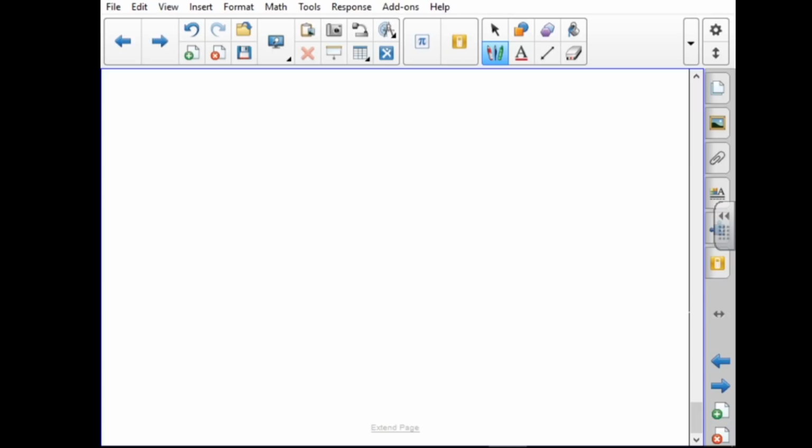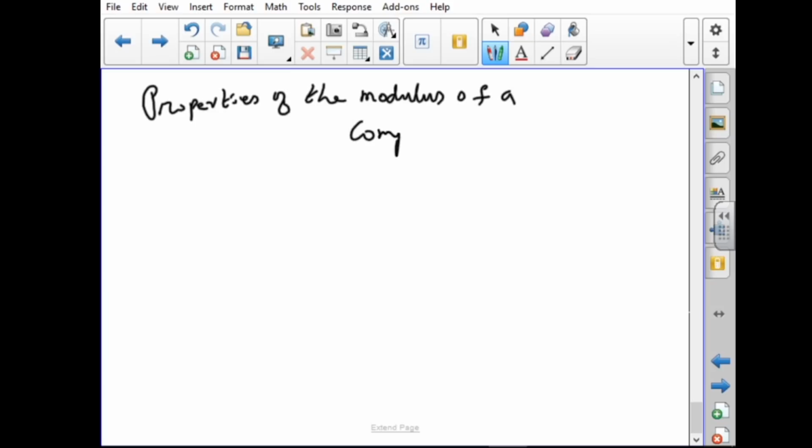So, now we will see the properties of the modulus of a complex number. In the previous exercise we saw the properties of the conjugate of a complex number.